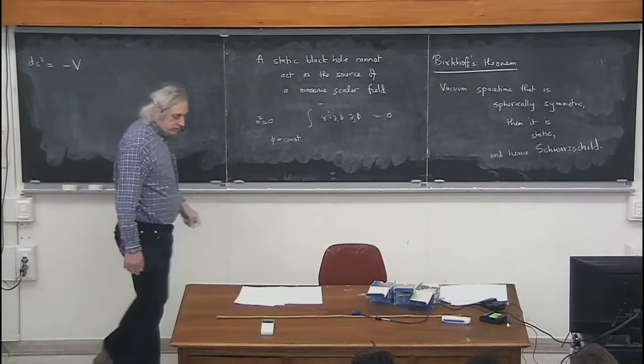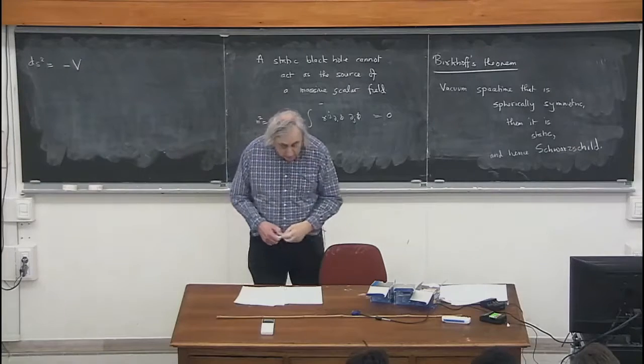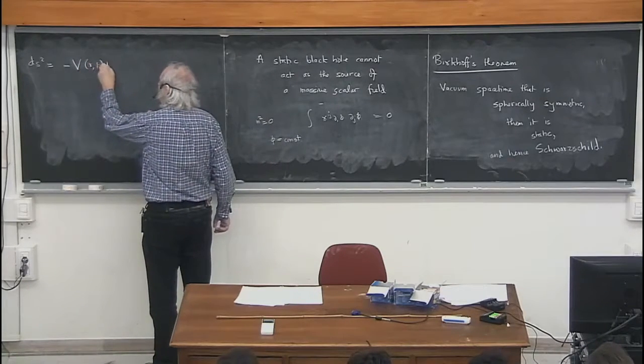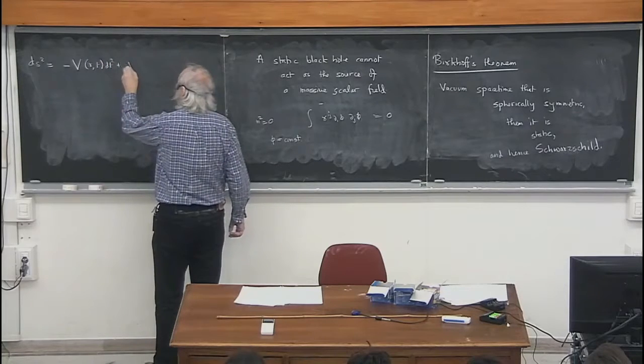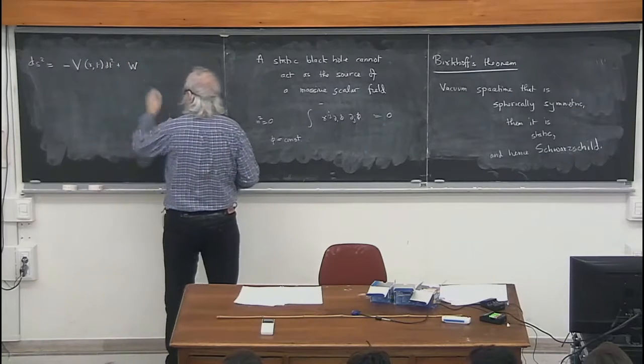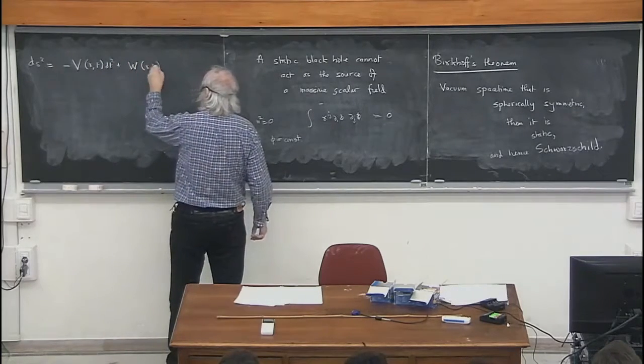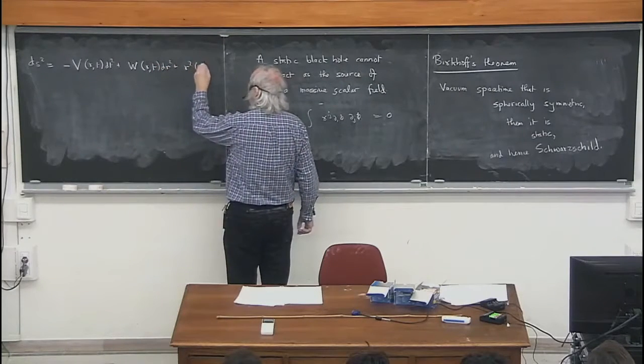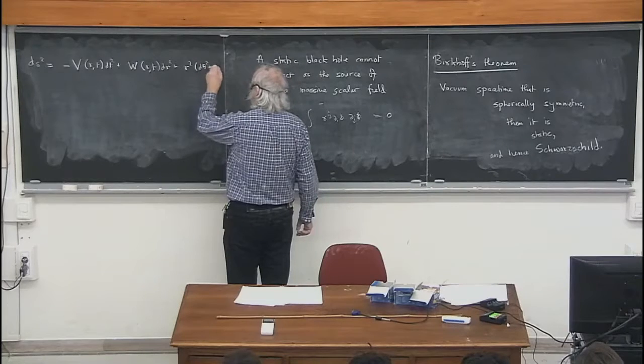You'd end up with something which looks like minus V, which is a function of r and t, dt squared, plus W, that's another function of r and t, dr squared, plus r squared times d theta squared plus sine squared theta d phi squared.